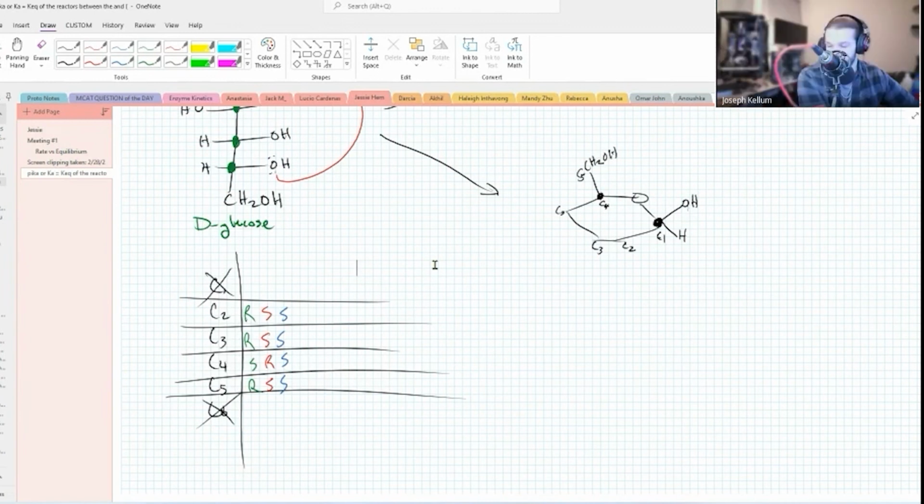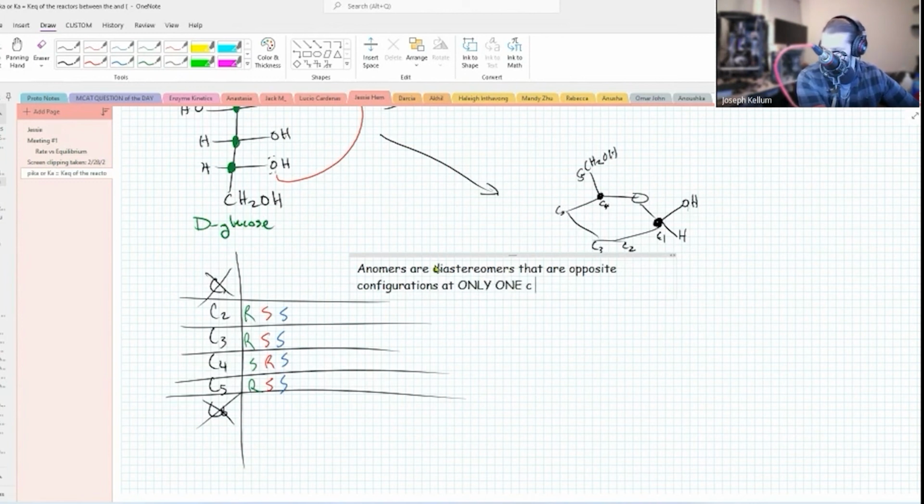But then anomers are diastereomers that are opposite configuration at only one chiral center.